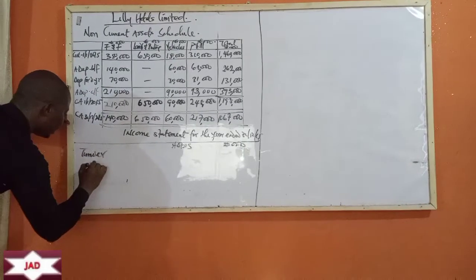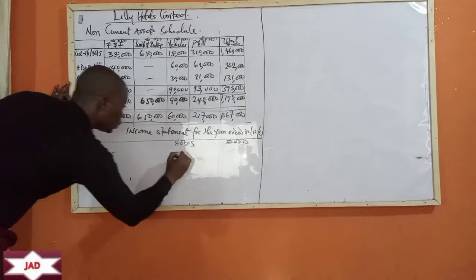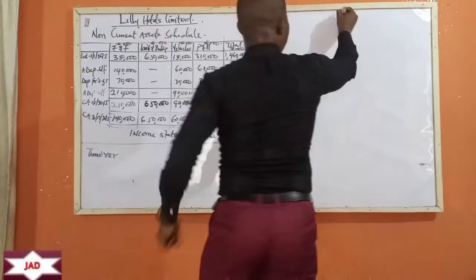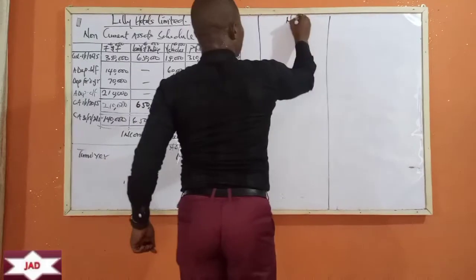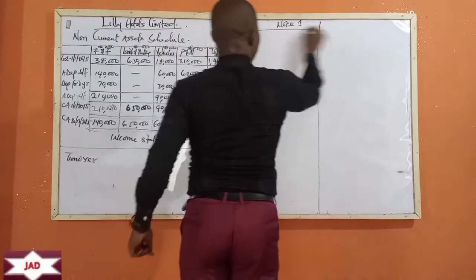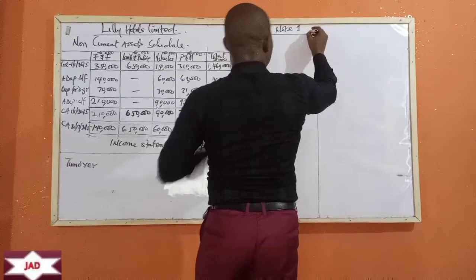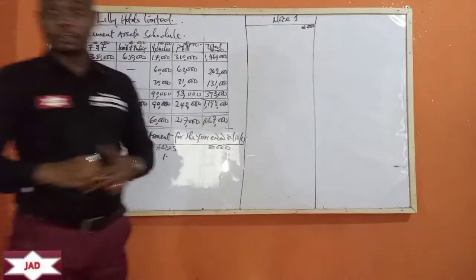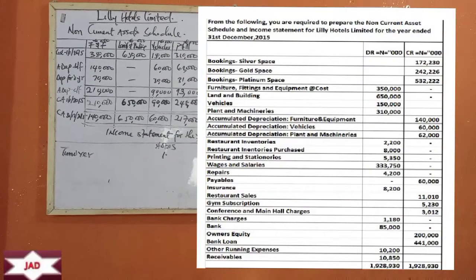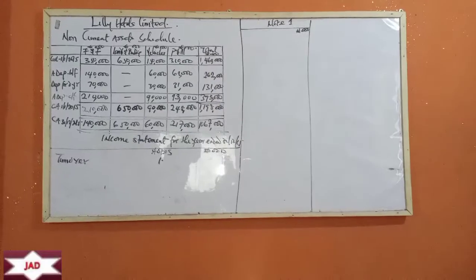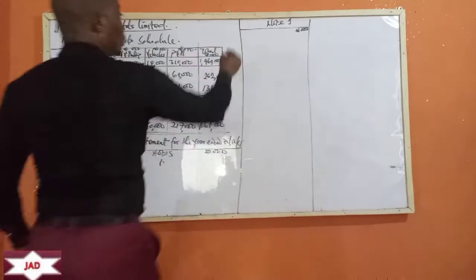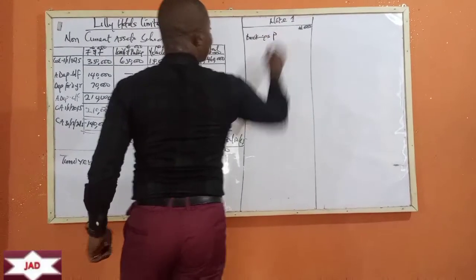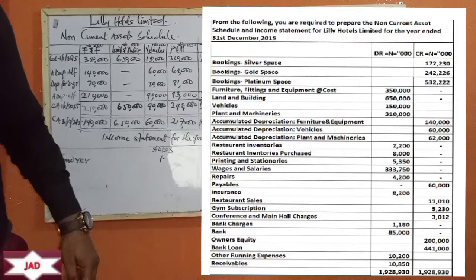So turnover, right? Let's call it Note 1. So that's our turnover. What are the revenues of the business? What are the things I can see? I can see bookings. Bookings for platinum there is 532,222.